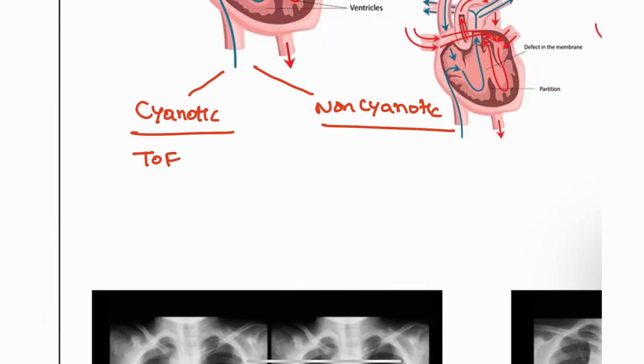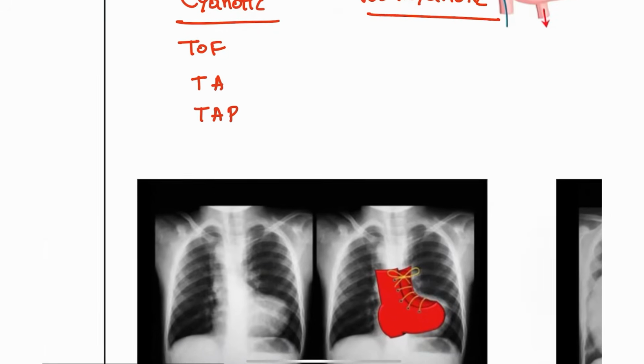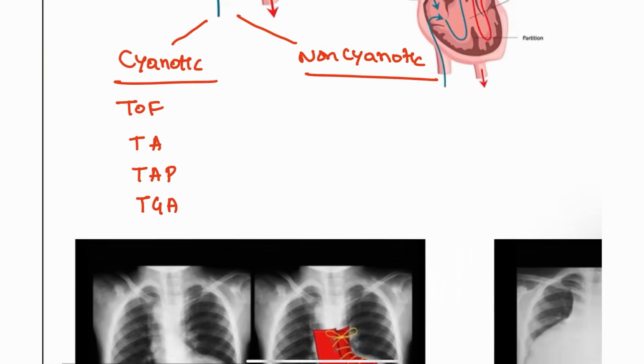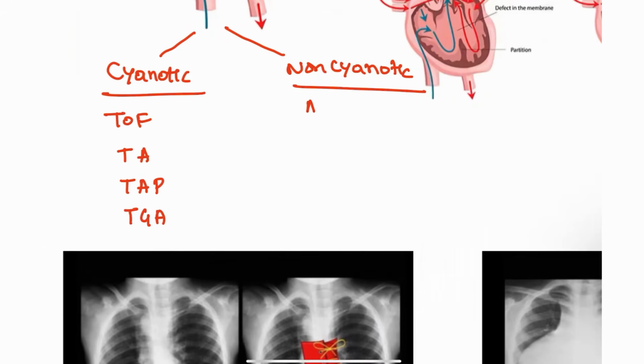Almost all are going to be the T's, for example tricuspid atresia or total anomalous pulmonary venous connection, and also transposition of the great arteries. All these will be mostly cyanotic types. Next, the non-cyanotic ones are ASD, atrial septal defect, VSD, or patent ductus arteriosus. These all are going to be non-cyanotic.